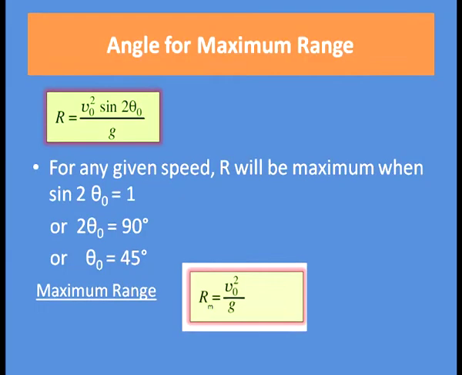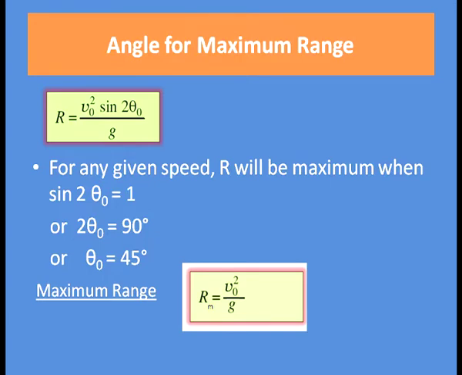So, how to find out the angle for maximum range? As we have seen, range R equal to v 0 square sin 2 theta 0 divided by g. For any given speed, v 0 will be constant and R will be maximum when sin 2 theta 0 will be maximum. So, sin 2 theta 0 will be maximum when its value is 1.